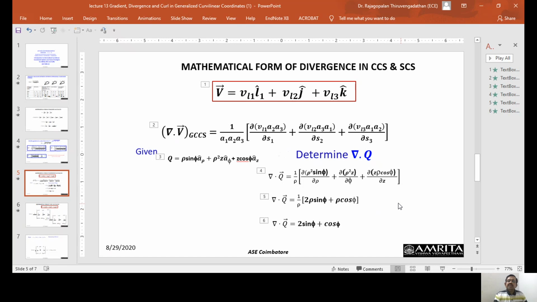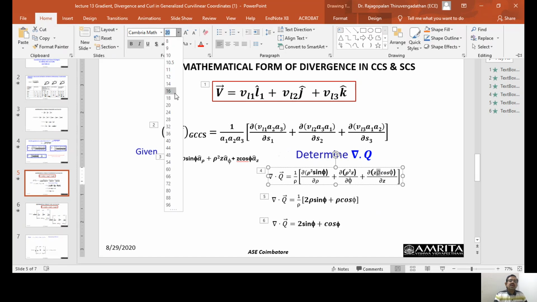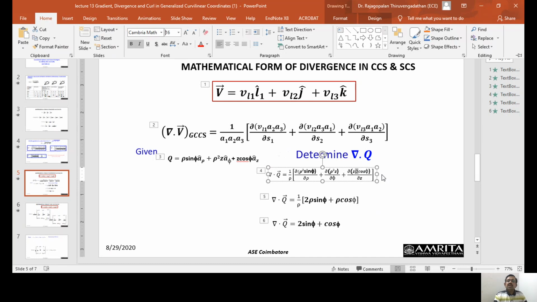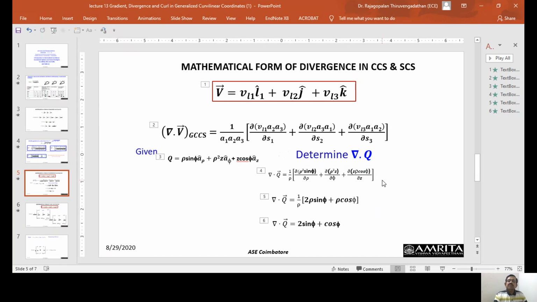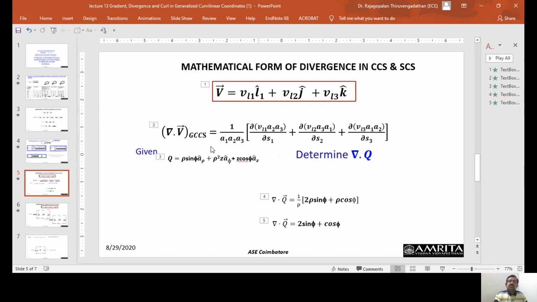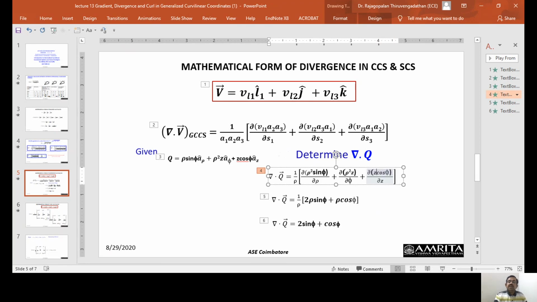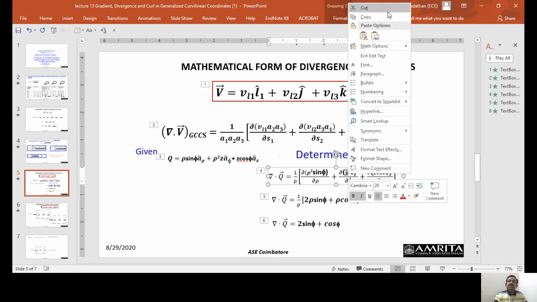I wrote it a little bigger, but you might question me if I were to use a different letter size. So rather, I will use the same letter size and the same symbol here. If I have to use the same symbol, all I need to do is capture this so that I don't mislead you.